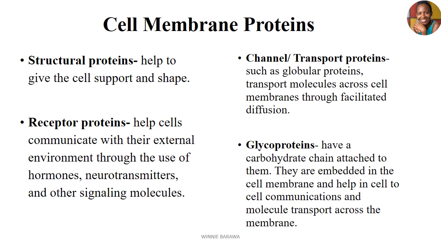So they help in cell-to-cell communication. They also transport materials across the cell membrane. So the proteins are many, and they have different functions, like you could see on the cell membrane there, from channel transporters to receptor proteins to glycoproteins to structural proteins and all that. But the function is just to facilitate the cell membrane to do its work effectively.